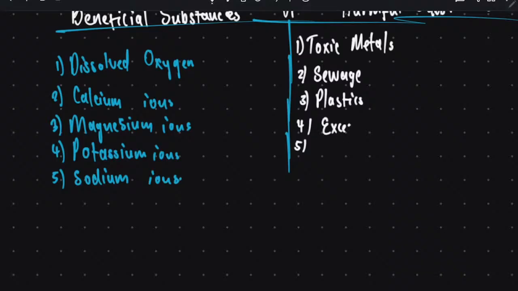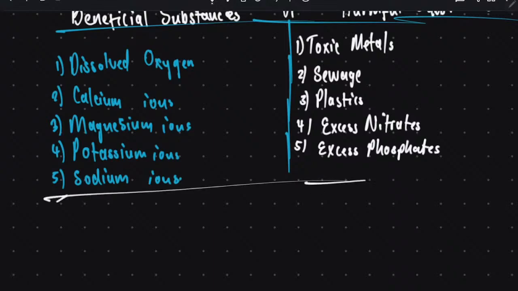You can say excess nitrates, because the other ones will be used by the plants. But there are some that will remain in the soil, and those are washed away. Excess nitrates and excess phosphates. These are harmful substances that, when you find them in water, they mean no good. They will do no good.